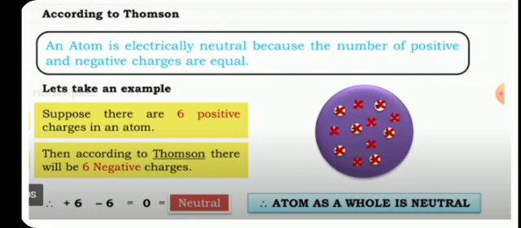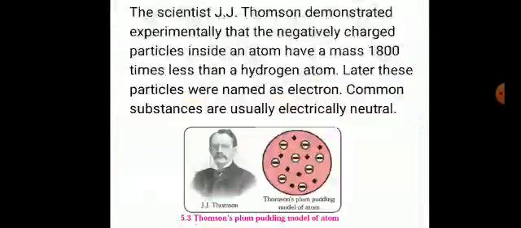So the first person who told us that the number of positive and negative charges are equal is none other than Sir J.J. Thomson. The scientist J.J. Thomson demonstrated experimentally that the negatively charged particles inside an atom have a mass 1800 times less than a hydrogen atom.